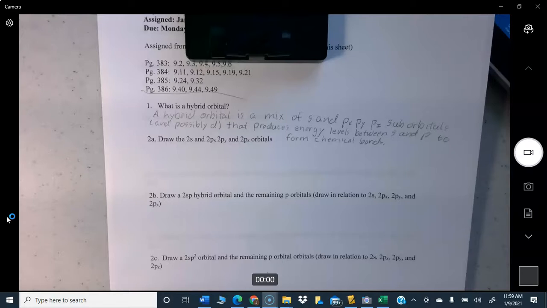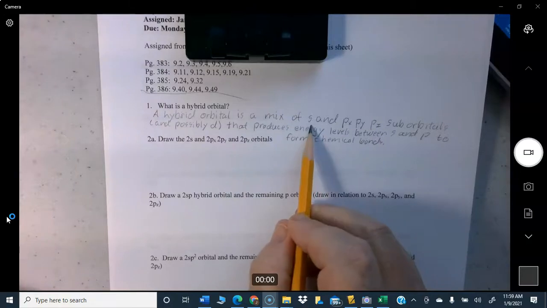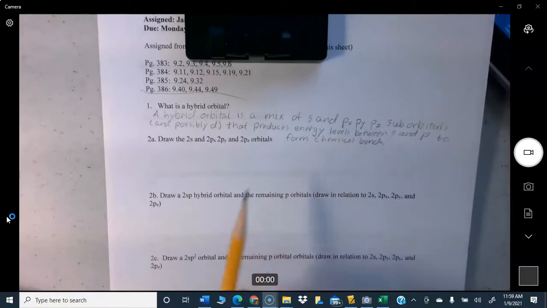So you only form hybrid orbitals when you're forming a chemical bond. An atom by itself does not form hybrid orbitals. It must be involved in a chemical bond to do that. And so the energy level is somewhere between the s and p. It's so that the different bonds in that molecule will have the same energy levels, somewhere between this lower energy level and these which are higher.